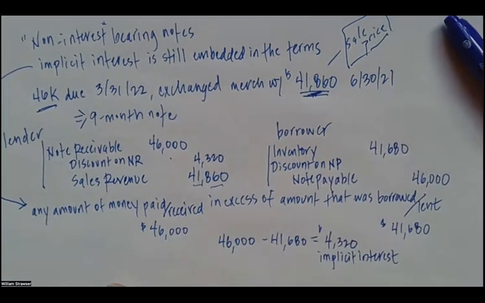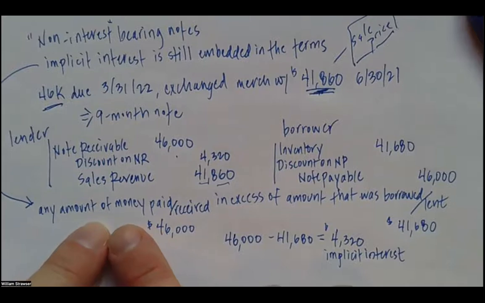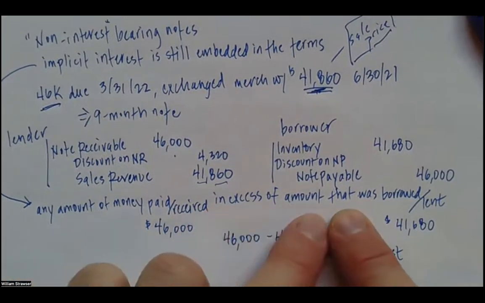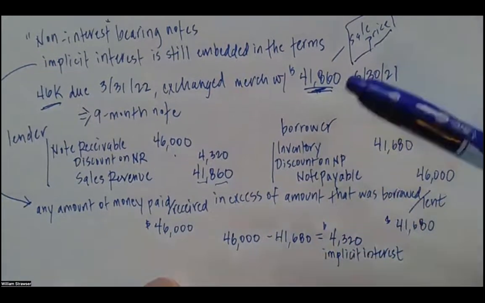They're on the borrower side. So they have a discount on a note payable rather than a discount on a note receivable, because they owe money. They have to pay money in excess of the amount that they borrowed, $4,320. It's the same for both parties.